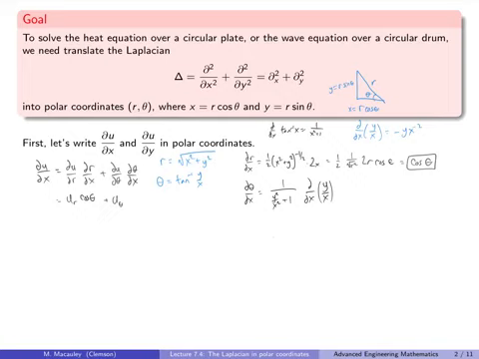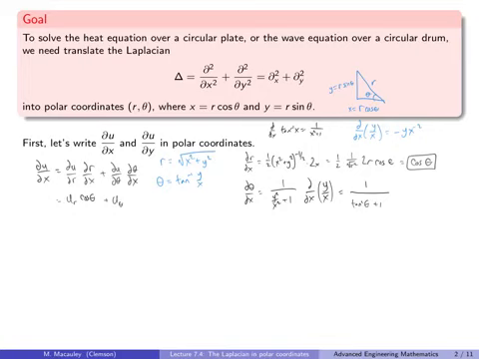So let's write this down. This is equal to 1 over, what is y squared over x squared? That's r squared sine squared over r squared cosine squared, which is tangent squared of theta, plus 1. Again, I'm just putting this into polar coordinates. Now what I need to put here is negative y x to the minus 2 in terms of r cosine and r sine.